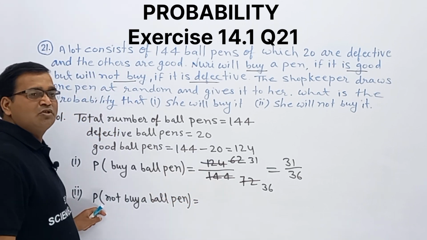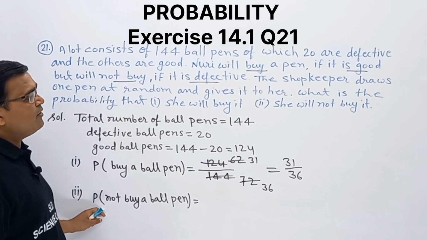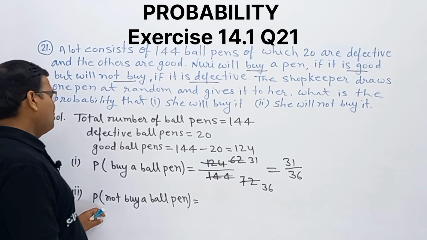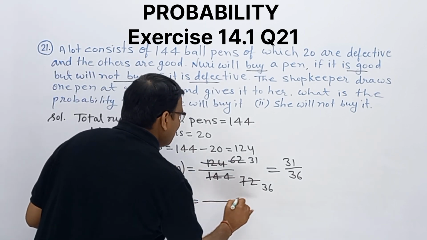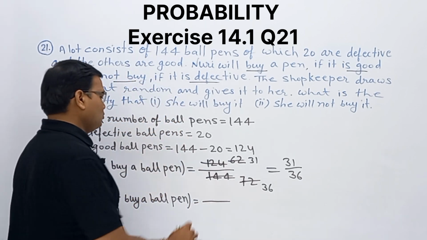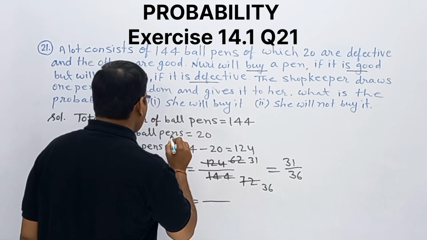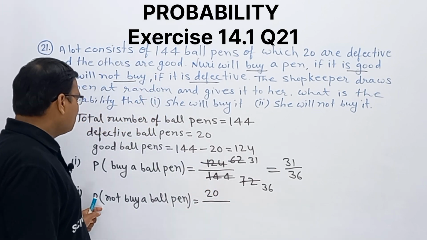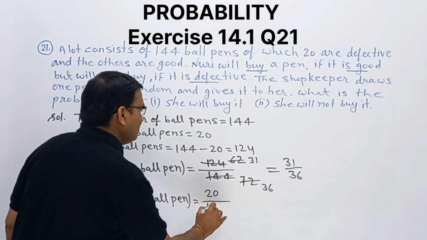When she will not buy a ball pen? If the pen is a defective one. So number of favorable outcomes will be defective ball pens, we are having 20 defective ball pens, divided by total possible outcomes 144.